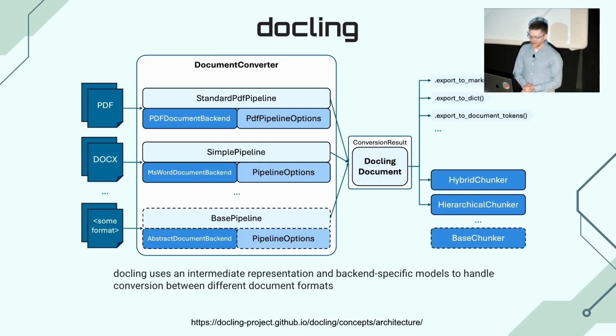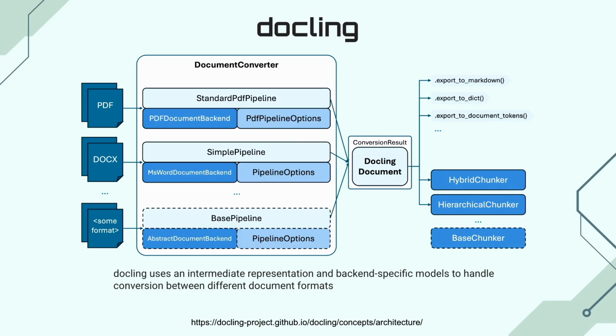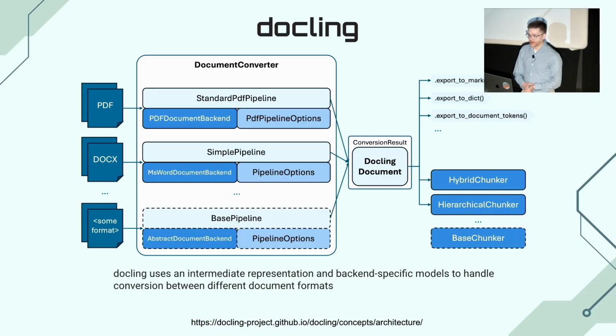Docling is a bit more of a high-level implementation. They're going beyond that, treating everything as a document, and they have an intermediate representation, which they convert all those different input formats to in order to do the OCR, and then you can export to whatever format you need.